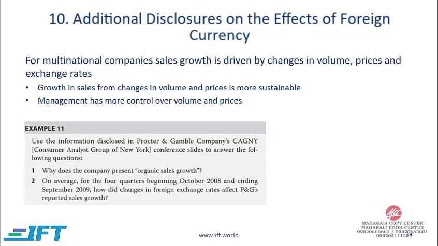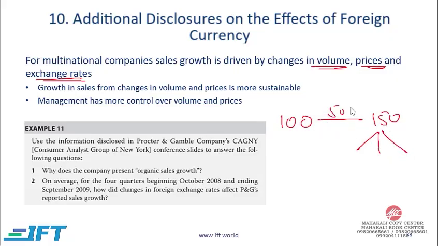Section 5, additional disclosures on the effects of foreign currency. For multinational companies, sales growth is driven by changes in volume, prices, and exchange rates. As an analyst, you need to be able to figure out why the sales is increasing. So if we have a simple scenario where sales are increasing from 100 to 150, what we are saying here is that there are three possible reasons for this 50% increase.